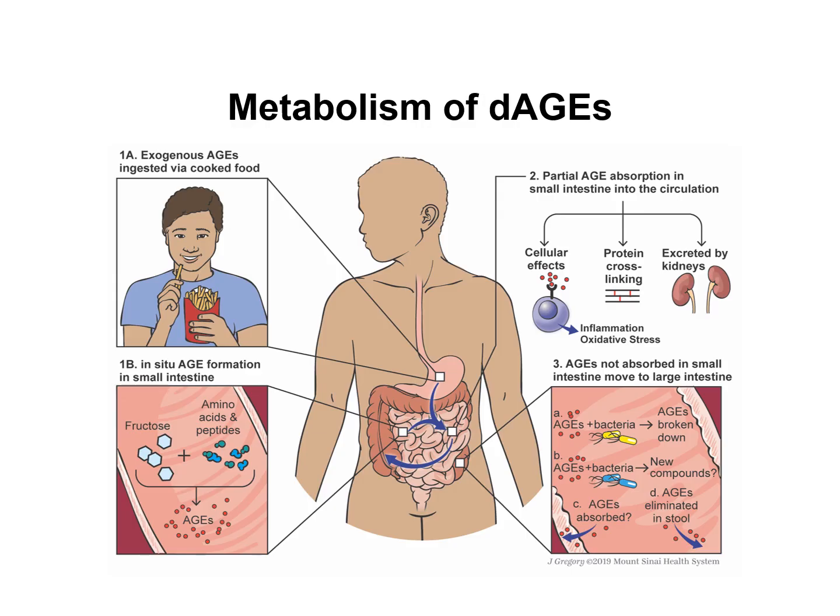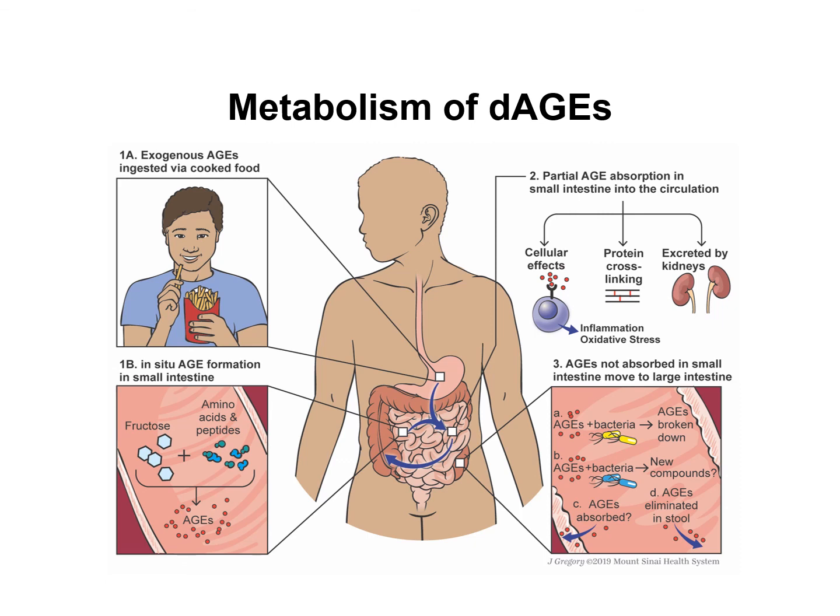The metabolism of AGEs is summarized here, showing that exogenous AGEs ingested via cooked food or those formed inside the small intestine can have partial AGE absorption in the small intestine into the circulation, from where they can be excreted in the urine by the kidneys, can have protein cross-linking directly, or can have cellular effects leading to inflammation and oxidative stress.